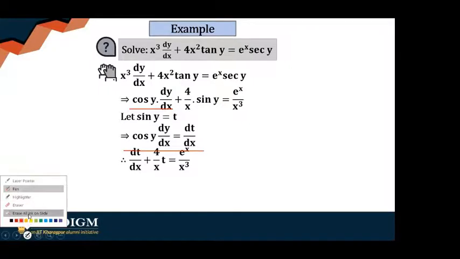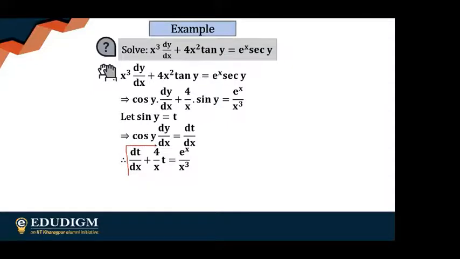Now, as you can clearly understand, this is a linear differential equation, basic first order format. dt dx, you have this Px into t, and you have Qx here. Very, very elegant, and just one substitution, the basic essence of this particular algorithm, and you're sorted.